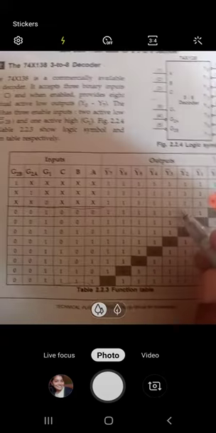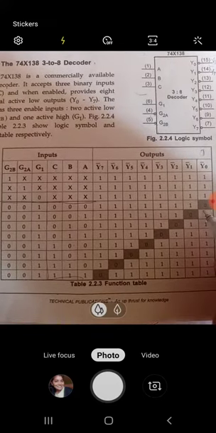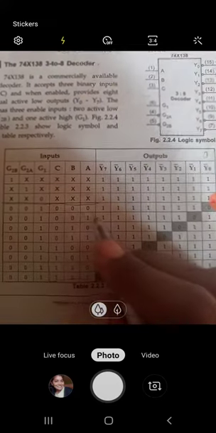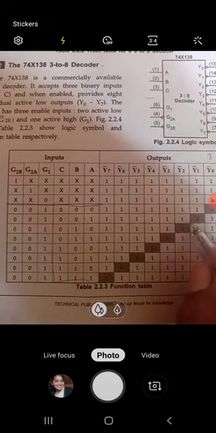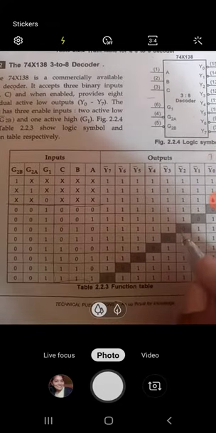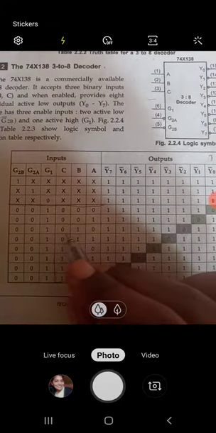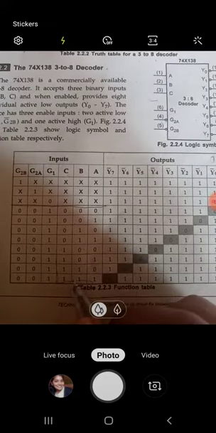Now if you see this, y0 bar is active when A is 0, B is 0, C is 0. Again, y1 is active at this logic 0 0 1. Similarly, y2 is active at this logic, that is 0 1 0. Similarly with the other logics as well.